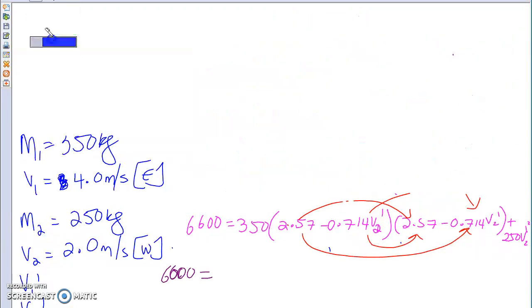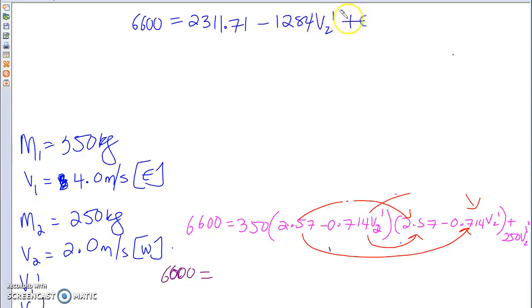All right, so when we expand that, we end up with the following: 6,600, which equals, what's the first value? 2.57 times 2.57 times 350. What do you get? 0.71. Okay, minus the second one, 0.714 times 2.57 times 2 times 350. What's the second value? 84 V2 prime plus 0.49, so 0.5.